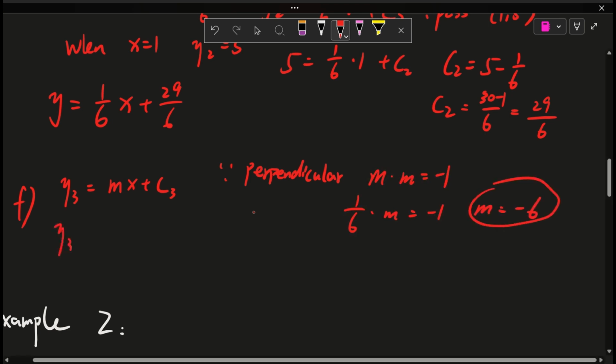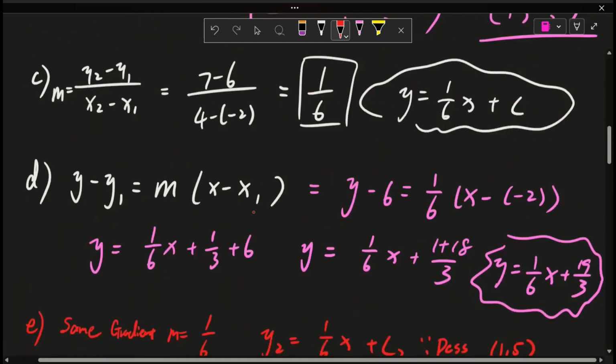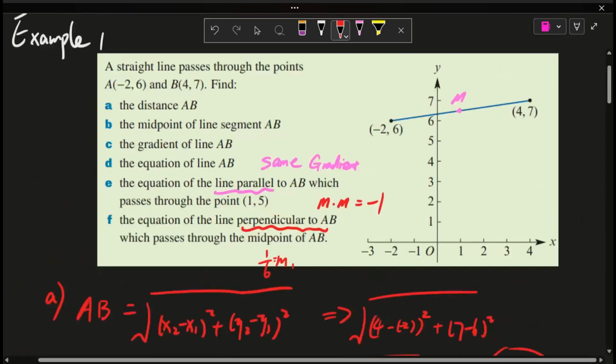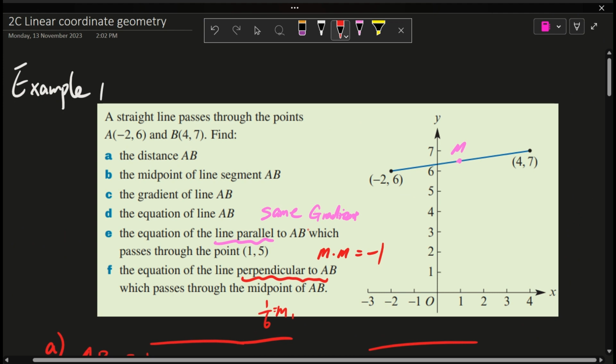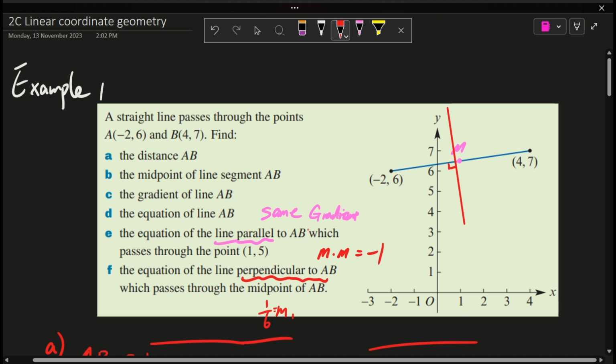So y3 equals minus 6x plus c. And because you have a function that crosses one point of AB, we need to know what our point is. We're going to cross that, and that's your perpendicular line.